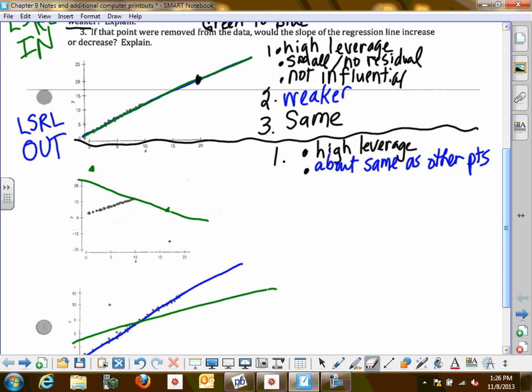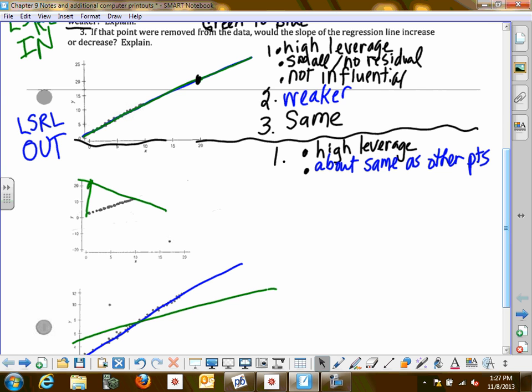Oh, wait, I don't know. That's not true. This one was a negative residual. This one's a negative residual. So if you looked at a residual plot of this, you're going to see something like this. Anyways, it was so influential that it made it look as though it didn't have much of a residual.